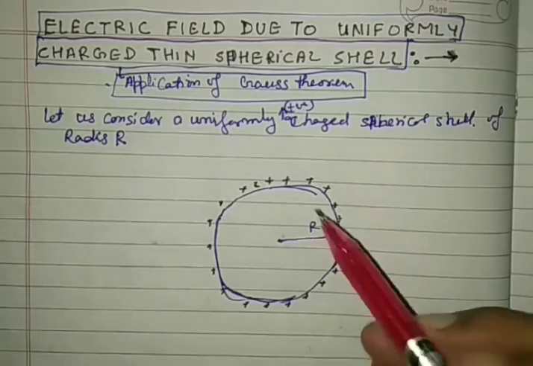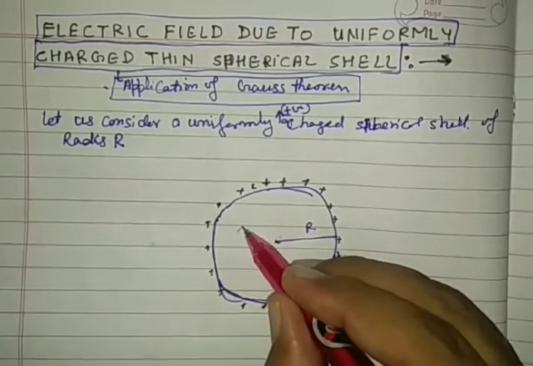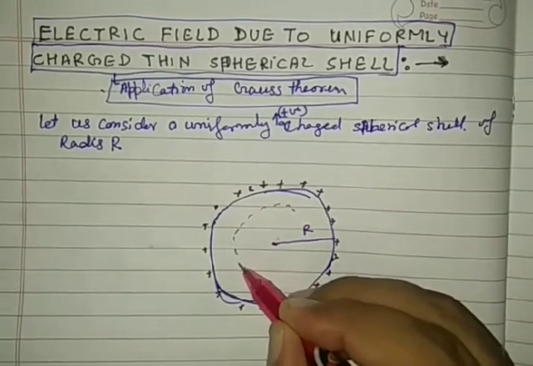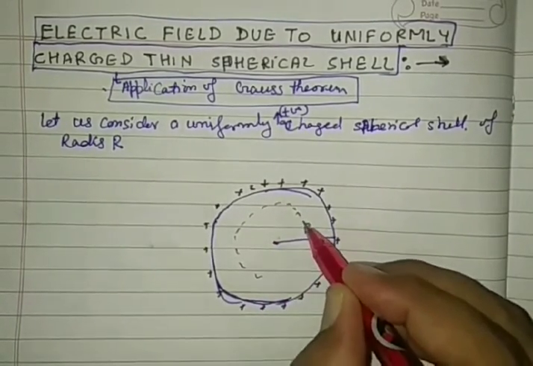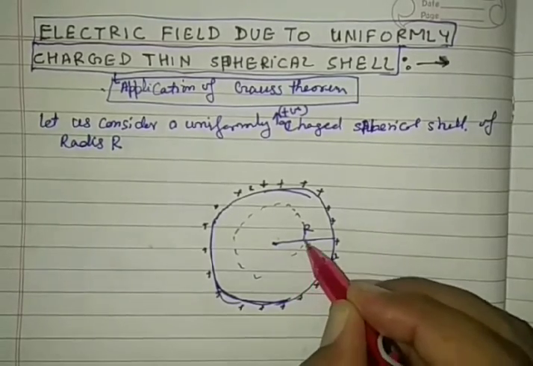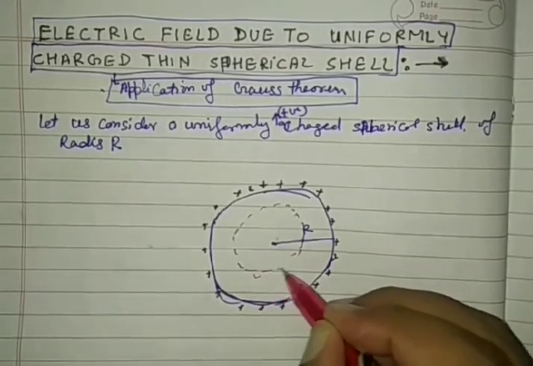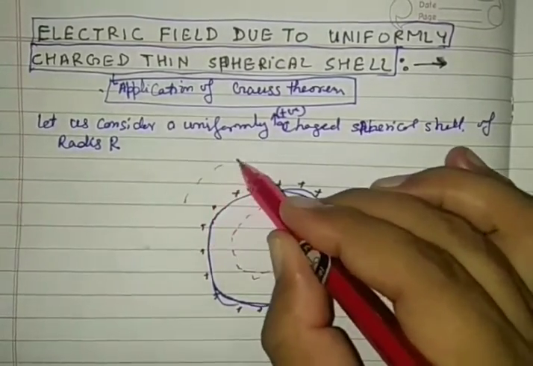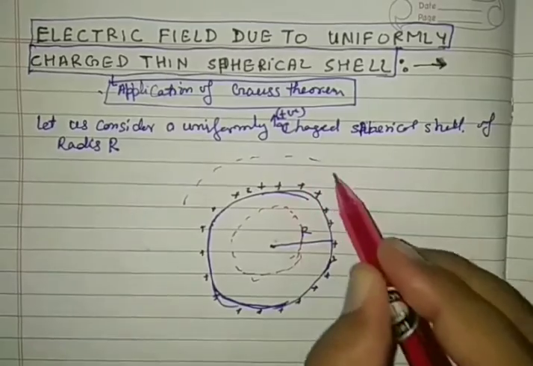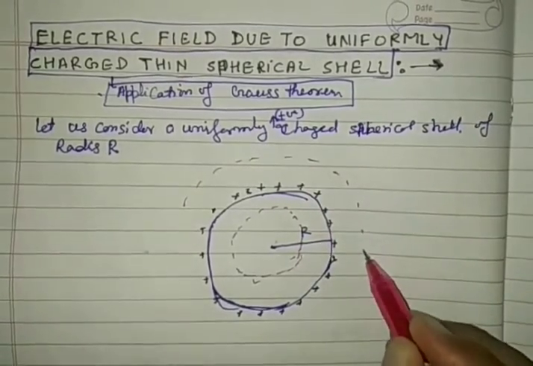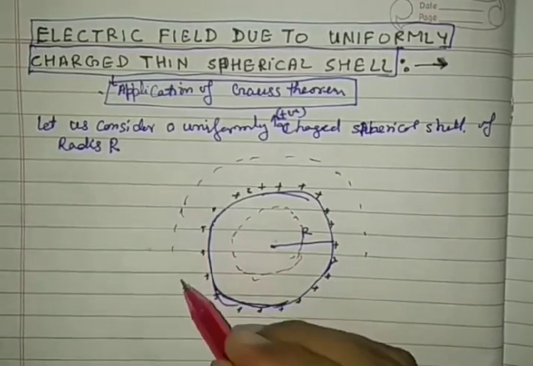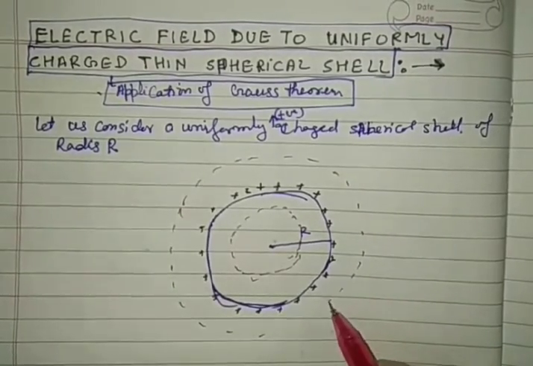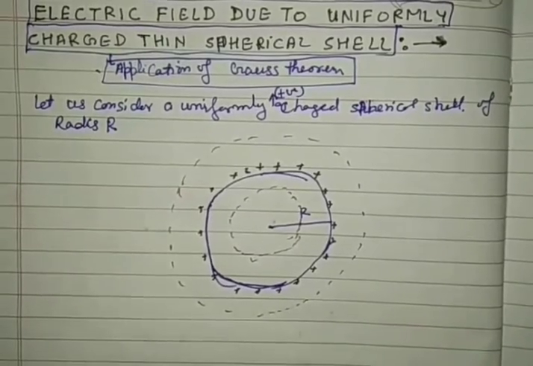One Gaussian surface we are going to take inside and another Gaussian surface we are going to take outside. These two Gaussian surfaces are represented by dotted lines.